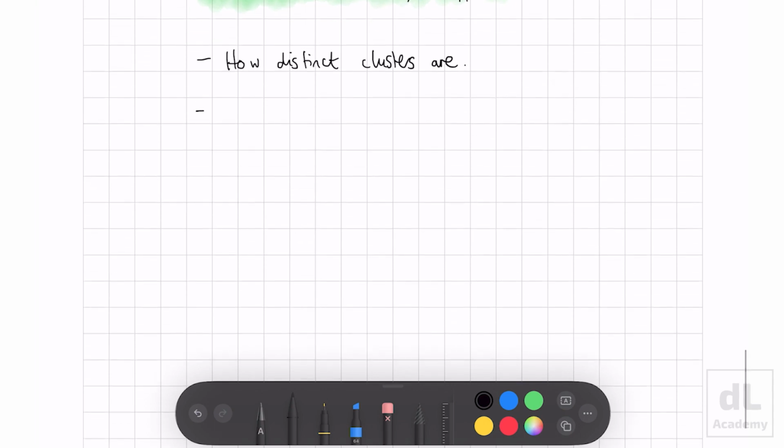A silhouette coefficient gets basically a score which ranges between -1 and 1. So if you have a silhouette coefficient of 1, then this indicates the sample is as far away as possible from the neighbouring clusters.